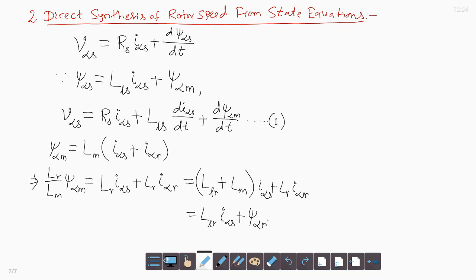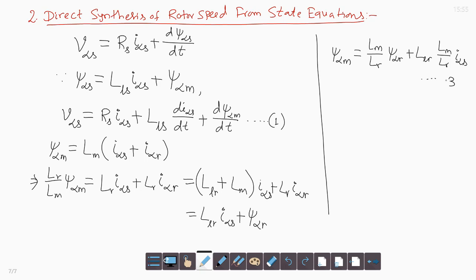So, from this equation we have the mutual flux psi alpha m is Lm by Lr into psi alpha r plus Llr into Lm by Lr into I alpha s. Let us number this equation number 2.